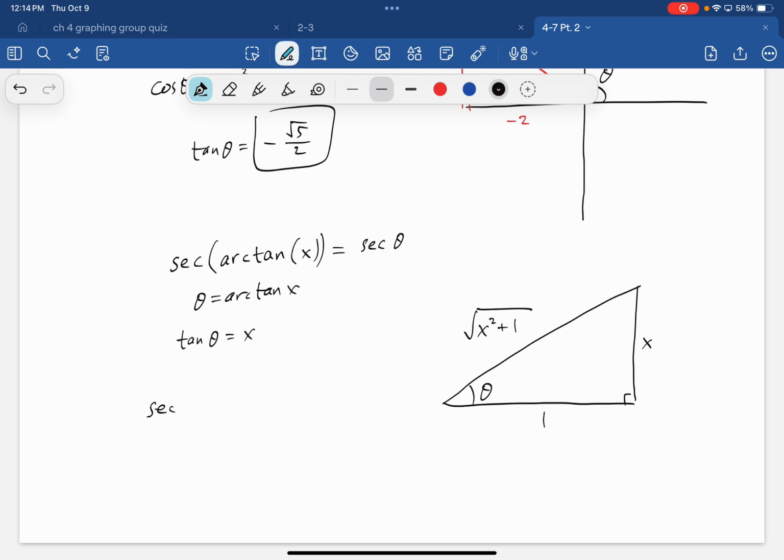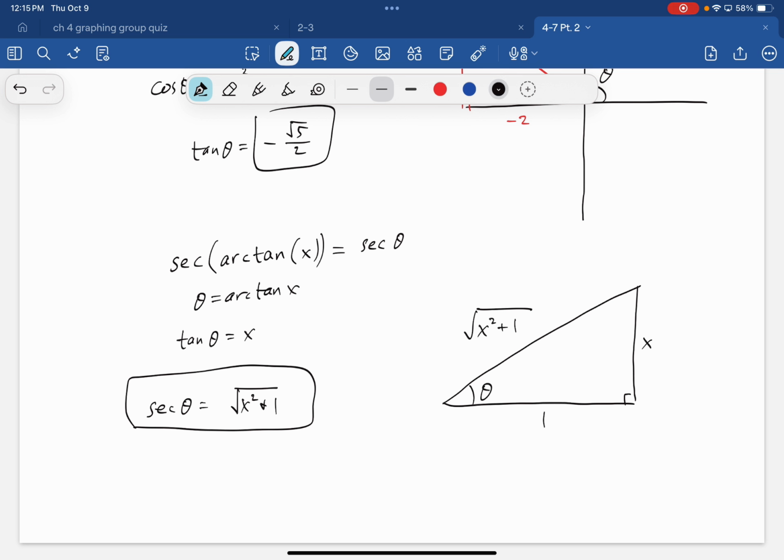And so secant theta equals hypotenuse over adjacent, which is the square root of x squared plus 1. You will encounter this a lot at the tail end of calculus when you do more complicated integrals. You'll have to use inverse trig functions, and you'll have to do this process in reverse.